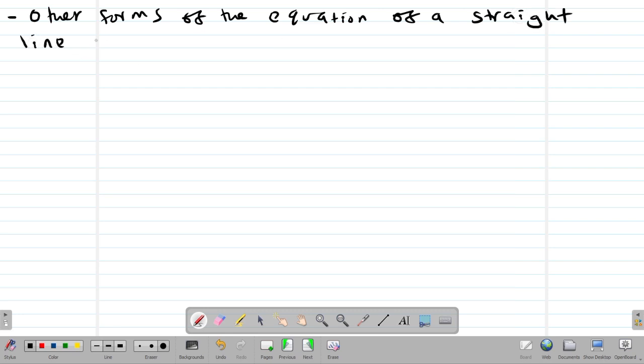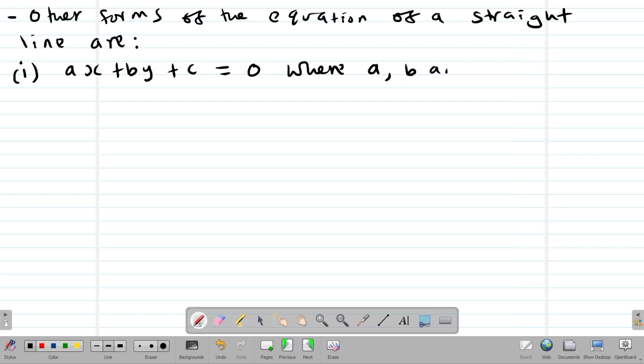The first form that we are going to look at is ax + by + c = 0, where a, b, and c are constants. They are simply constant values.